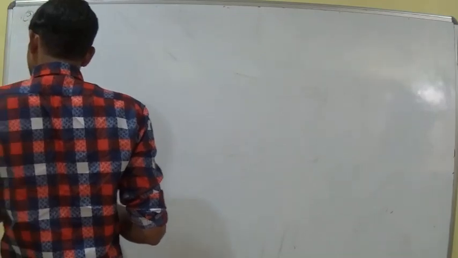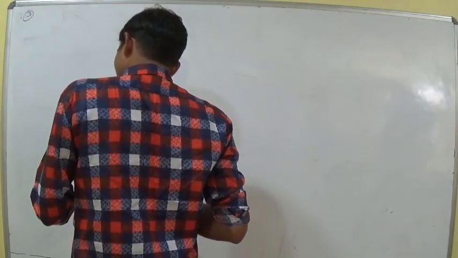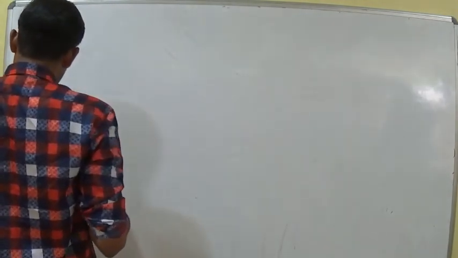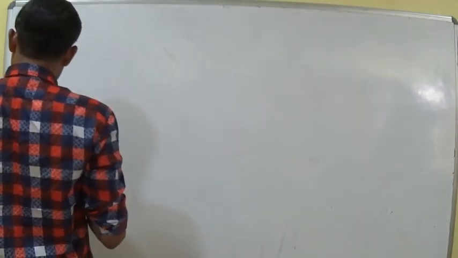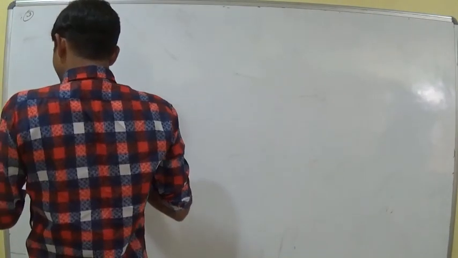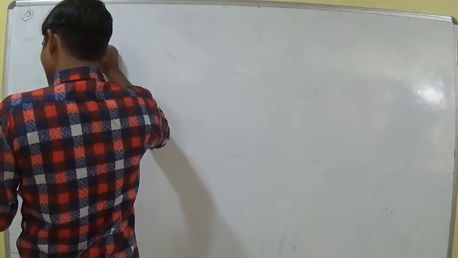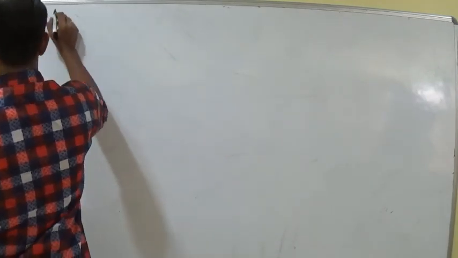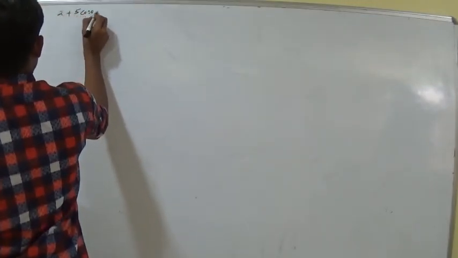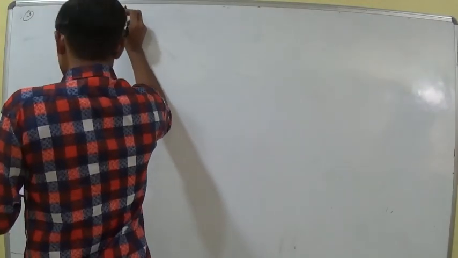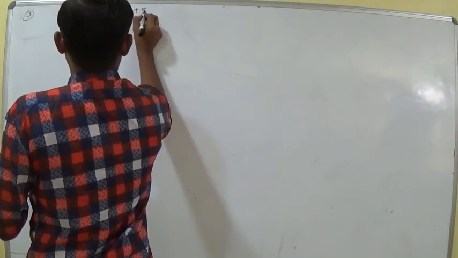The point is given here: 2 plus 5 cos theta, comma, minus 3 plus 5 sin theta.